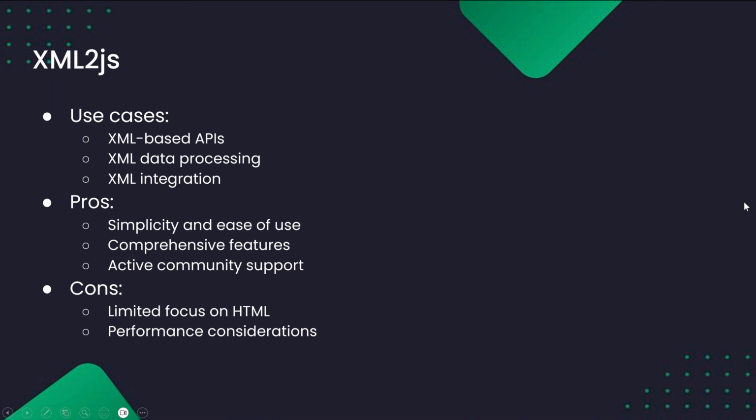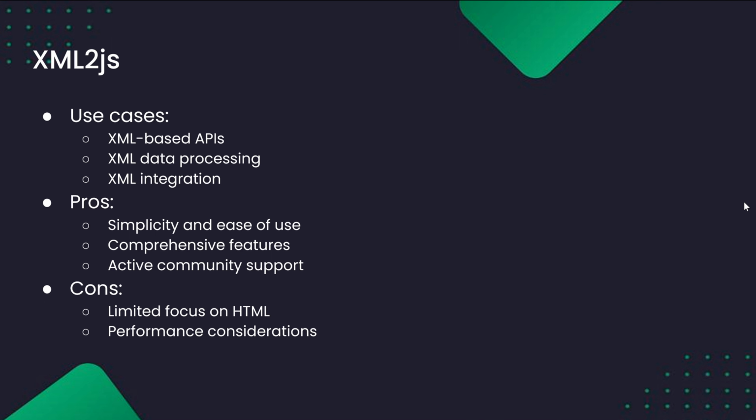XML2JS is particularly useful in the following use cases. For XML-based APIs, when working with XML-based APIs, XML2JS simplifies the parsing and conversion of XML responses into JavaScript objects, enabling easier data extraction and manipulation.